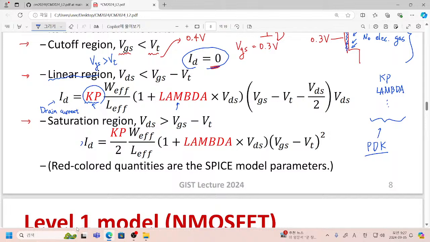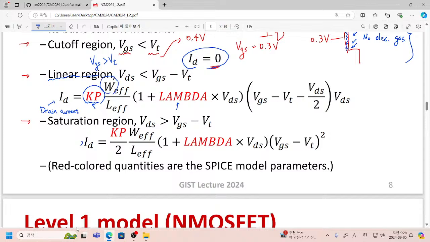Of course PDK is much more than just a collection of those SPICE parameters, but this is the basic ingredient of a PDK. And let me explain a little bit further. How about this one, W and L?